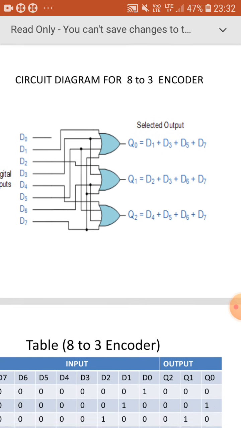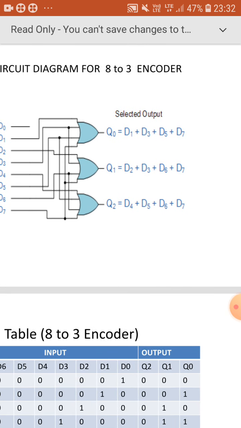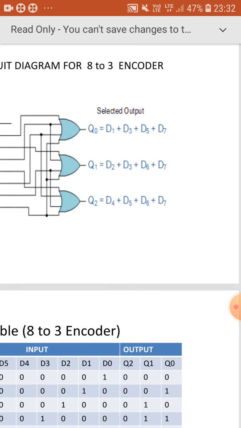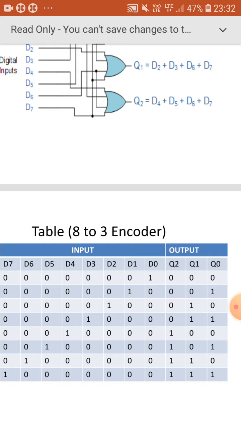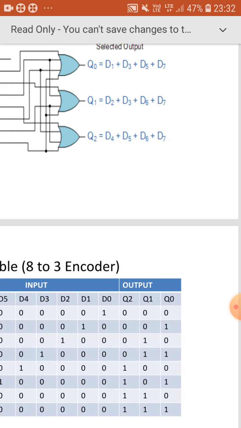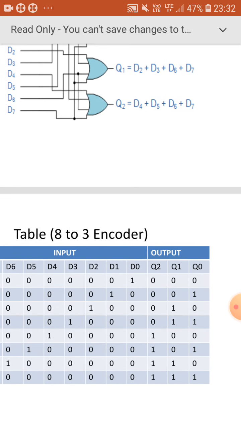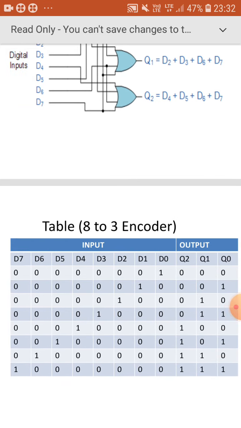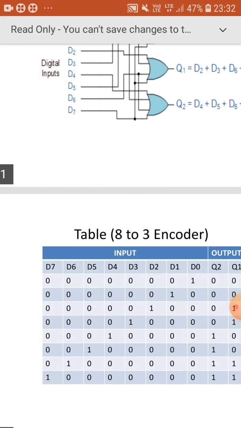D7 is connected to the first OR gate, second OR gate, third OR gate. So Q0 is 1, Q1 is 1, Q2 is also 1. So if D7 is 1, the output will be Q2, Q1, Q0, all are 1. Okay, so if D7 is 1, the output will be 1 1 1.